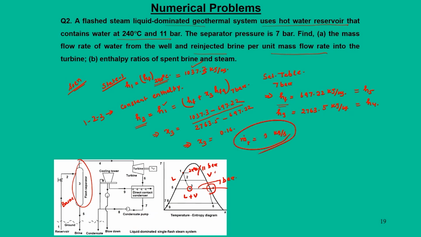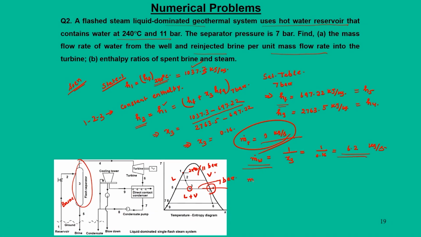Now, with these we can say m dot W would be nothing but 1 by X3, and this number is 1 by 0.16, so that is 6.2. So, per unit mass flow of the turbine, the mass flow rate from the well would be 6.2 kg per second.